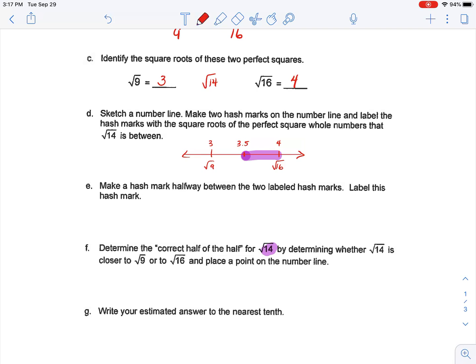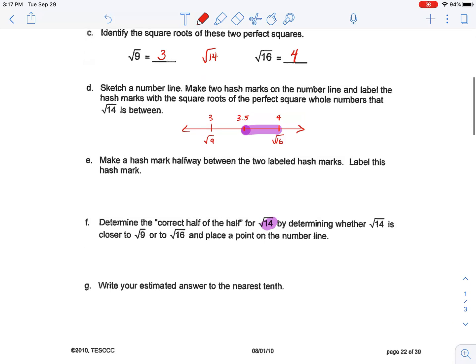I can make an estimate to the nearest tenths place as to what the square root of 14 is. So we're going to estimate. We can say 3.6, 3.7, 3.8, 3.9. Now it still is 2 units away from 16, so I don't think it's 3.9. But it might be closer to 3.7 or 3.8.